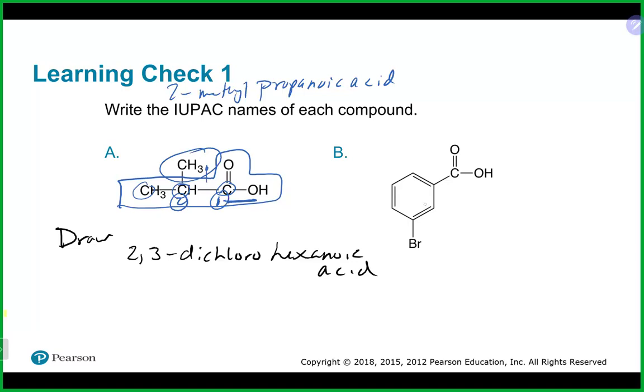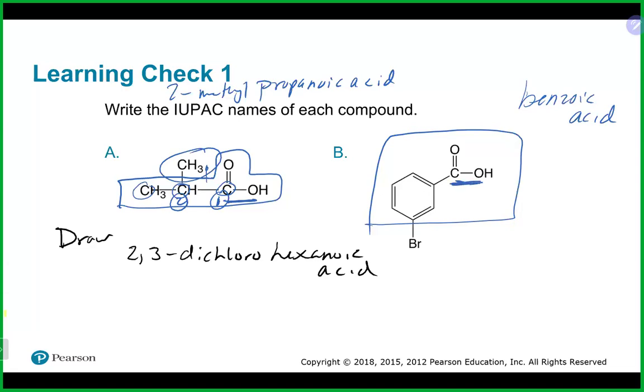Once again, hopefully we can see our benzene ring with the carboxylic acid, so that's all kind of together. That's going to give us our benzoic acid. And as we mentioned before, wherever the carboxylic acid group's attached to the ring, that carbon in the ring will be carbon number 1.